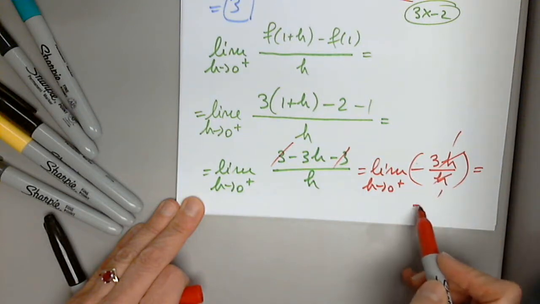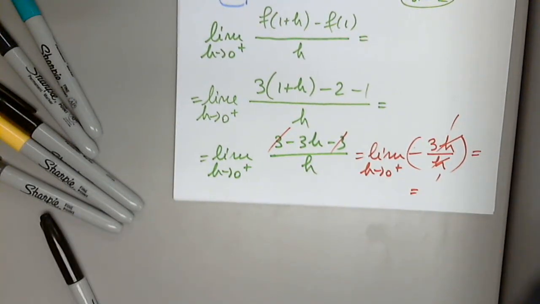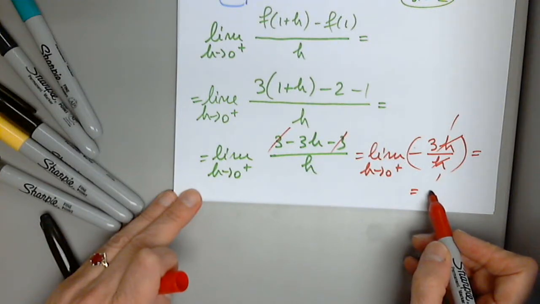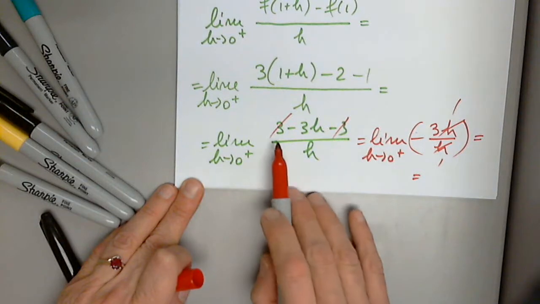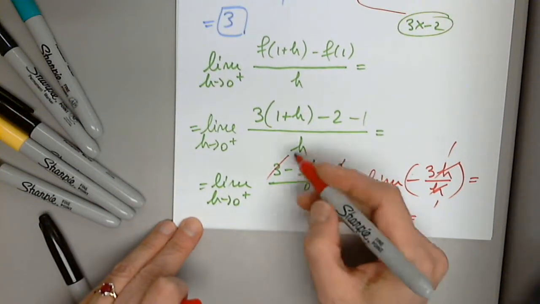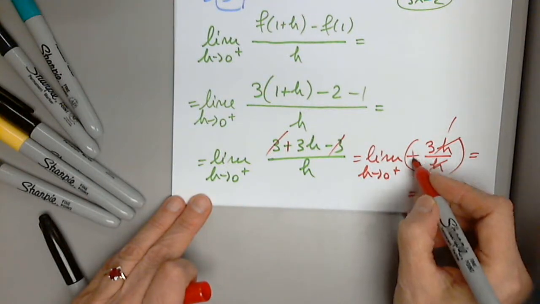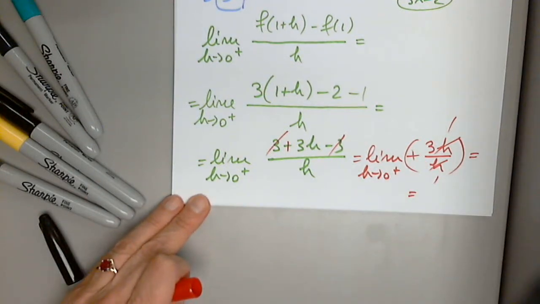The h goes away, so the limit is... why should the 3 be negative? Oh, sorry. Thank you, thank you, thank you. It's 3. Good.